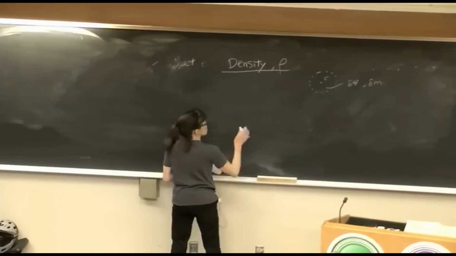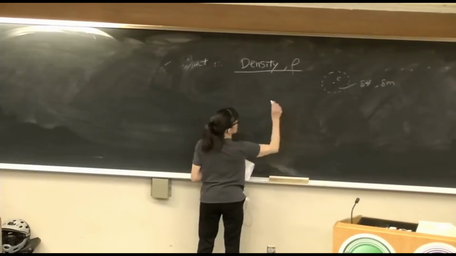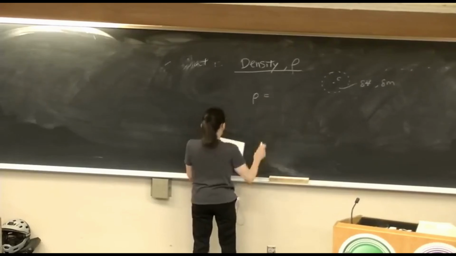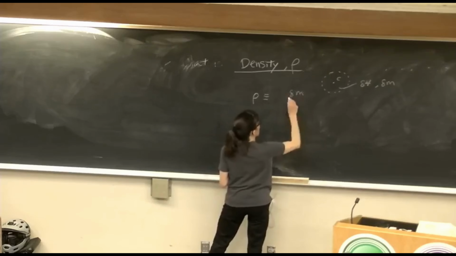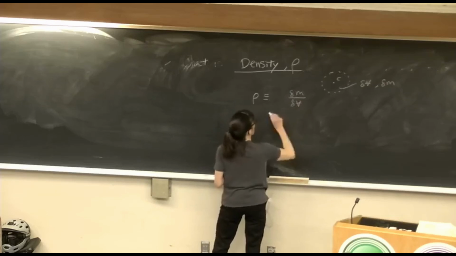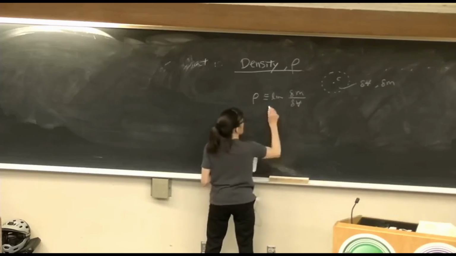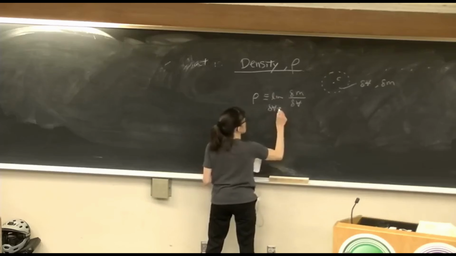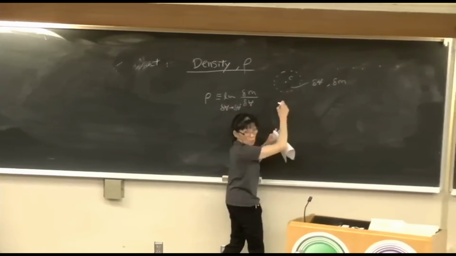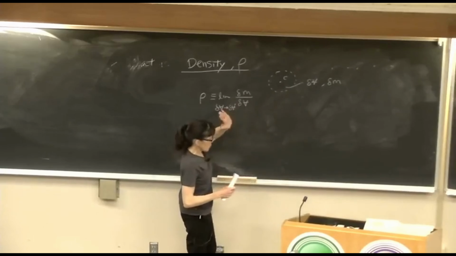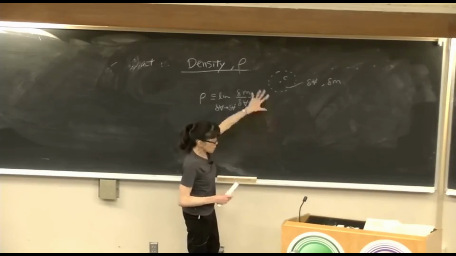Then we can define the density at point C as we take delta M divided by delta V, and then we take the limit as delta V goes to delta V prime. We don't shrink it down to 0, but we're now considering the fact that the fluid consists of molecules. Okay?